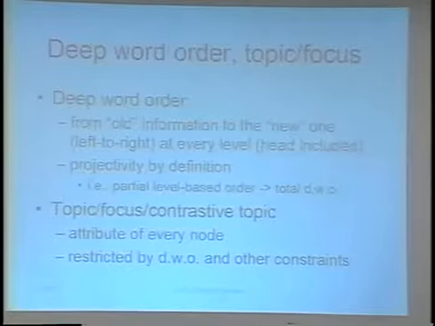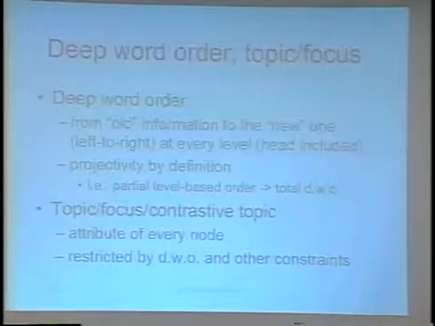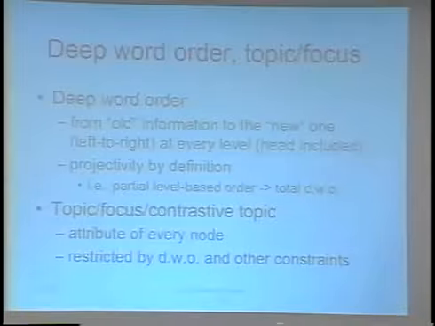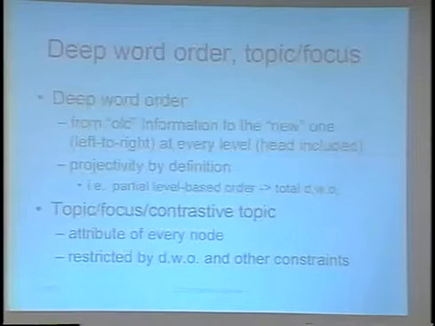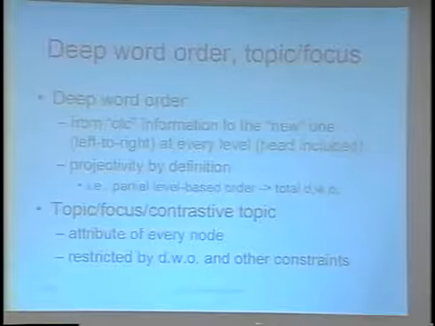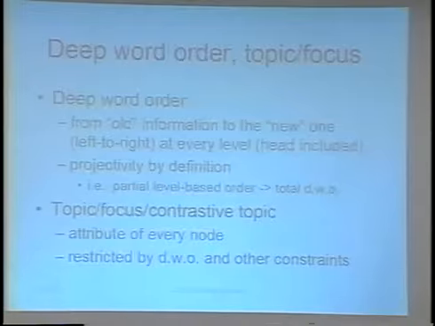One, the left part is the context, something that has been already said, the old information, and the right-hand part is the new information. And this applies at every level of the tree. So if you have a noun and adjective, typically the adjective is the new thing and the noun is considered to be the old thing, but it also depends on the whole discourse.